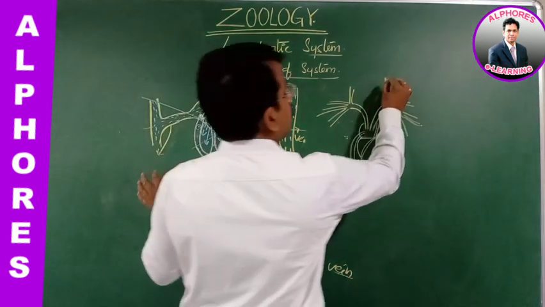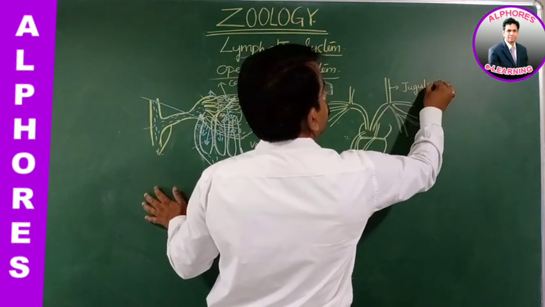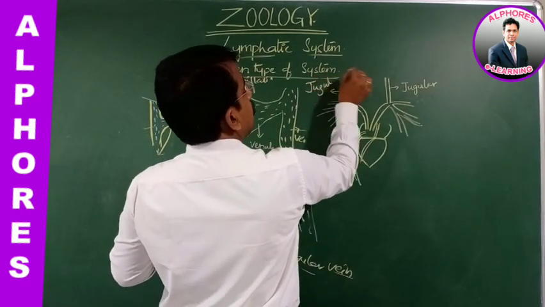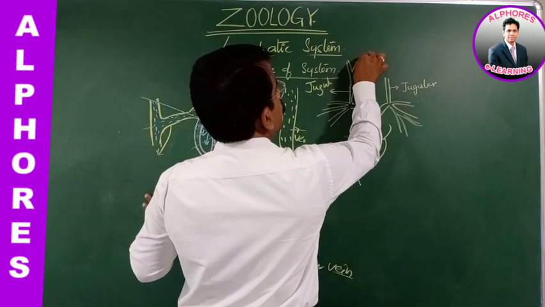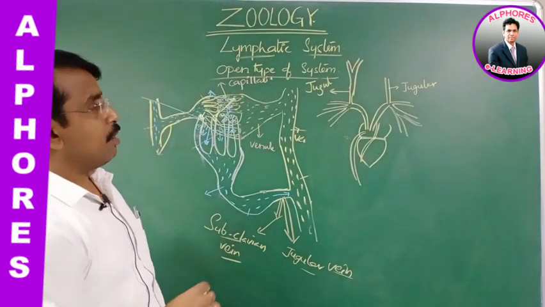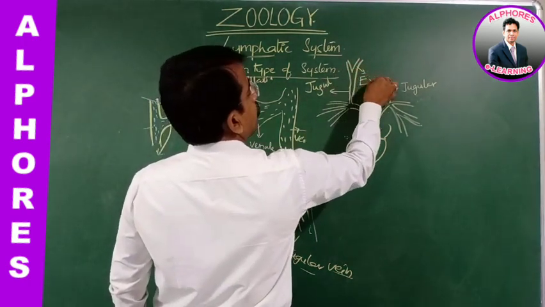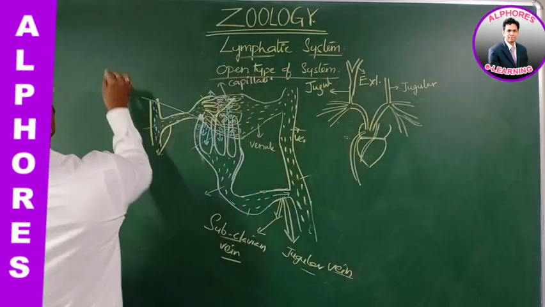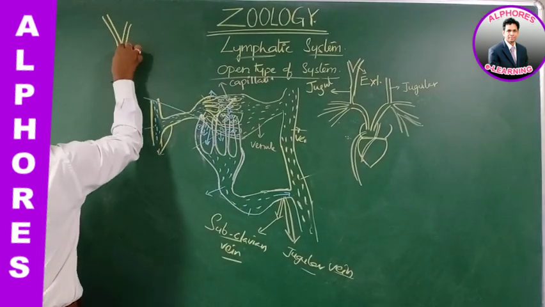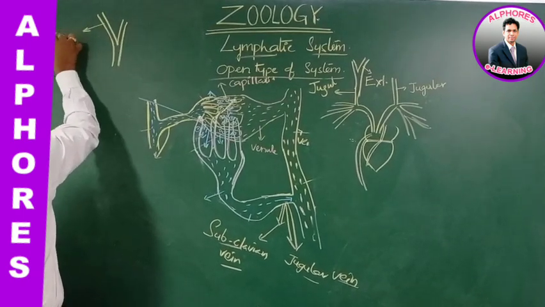The jugular in particular is of two types, remember: one is the external jugular and another is the internal jugular.